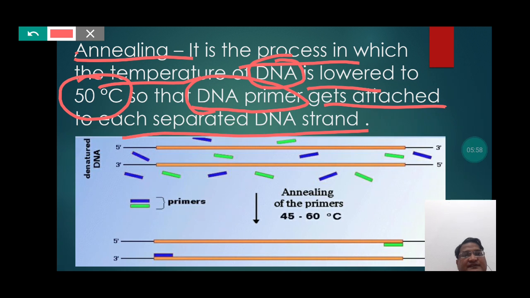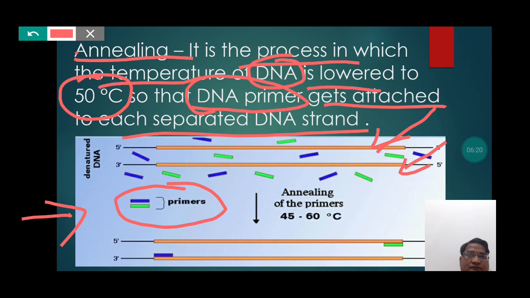So students, here we can understand the concept of annealing with the help of this picture, where we can notice that the two separated DNA strands are further incorporated with the DNA primers. Students, this process, that is annealing, has to be done at the specific temperature of 45 to 60 degrees centigrade.